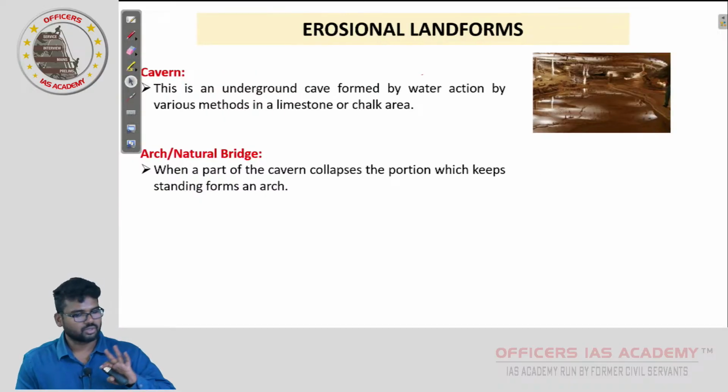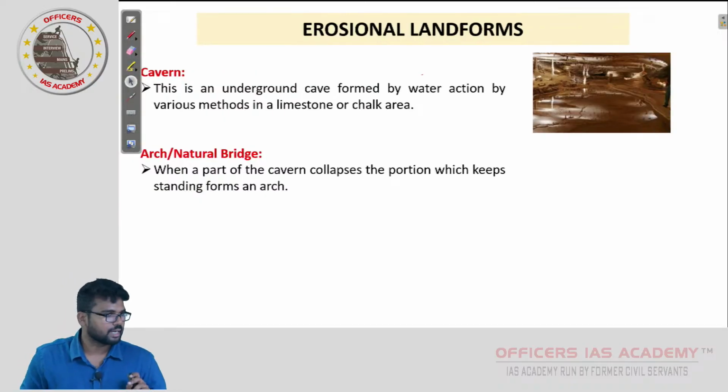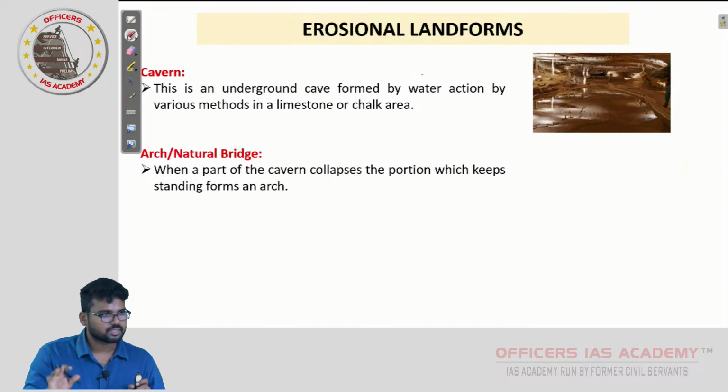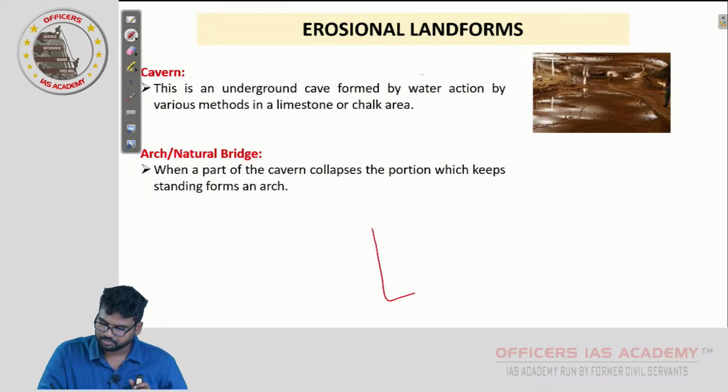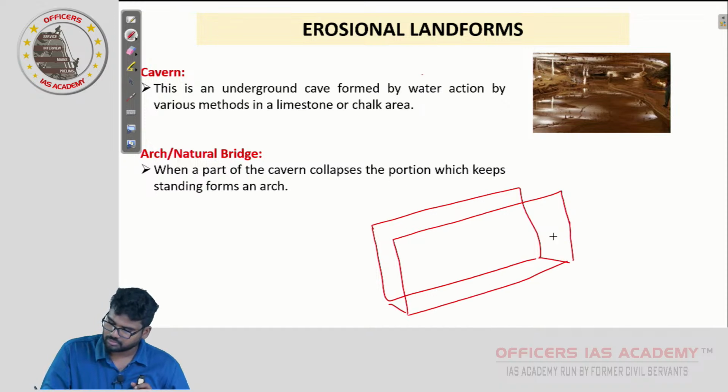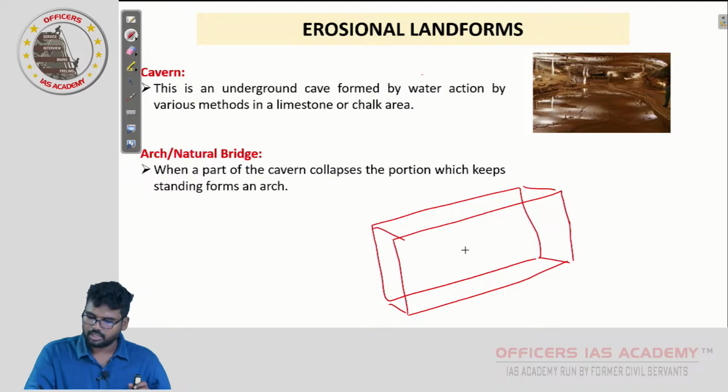See, again here also erosion can happen, deposition can happen. As a result, we can have erosional or depositional landforms. First let us understand, then we will write it. See, let us say there is a region, and this entire region is filled by limestone.